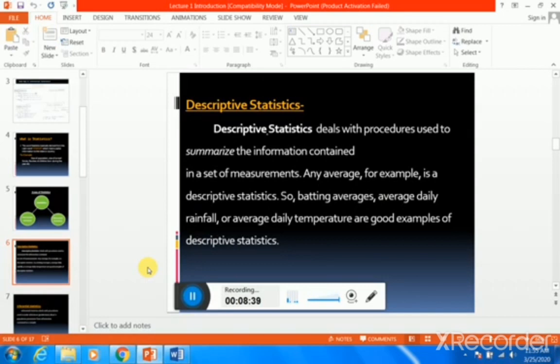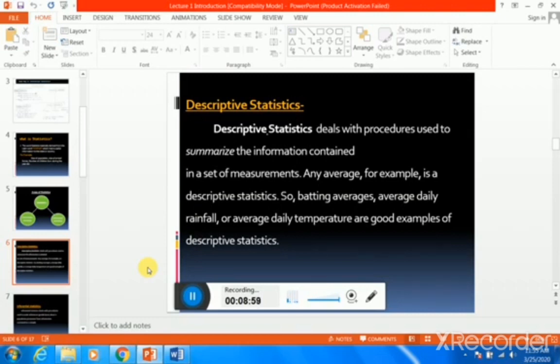Descriptive statistics. What is descriptive statistics? The word descriptive is basically derived from the word description. It means to describe something. That statistics, or a science or methodology, which describes numerical facts regarding their characteristics.